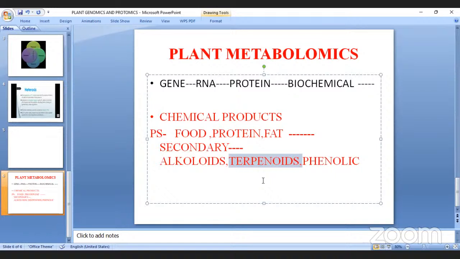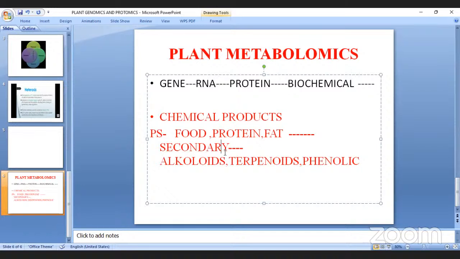Now, the study of chemicals, that is, secondary metabolites. The study of secondary metabolites is called plant metabolomics. How are they extracted from the plant? What are the methods to extract these secondary metabolites?